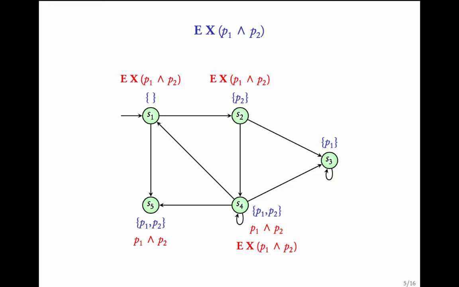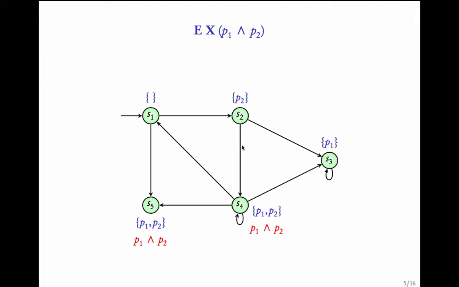Let me repeat this. The first step was to label the states where P1 and P2 is true. Then what you can do is consider each of these states. Look at S4 first. Look at all incoming transitions, as in the transitions that come into S4. Here there are two incoming transitions, one from S2 and one from S4.